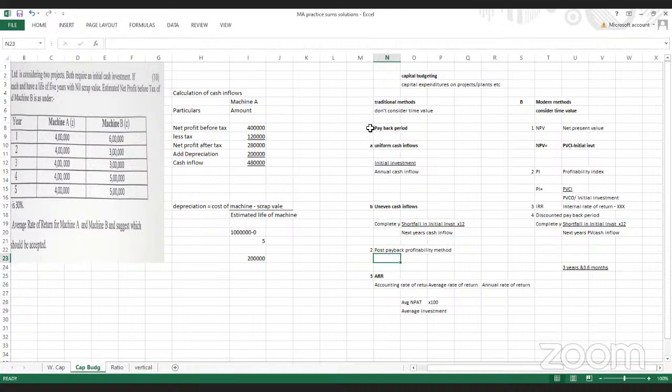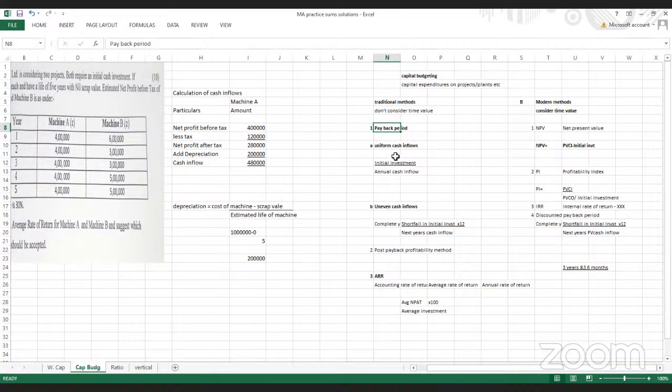First one is payback period. This is a very simple method. This method says that you choose the machine which will pay back your capital invested in lesser time.